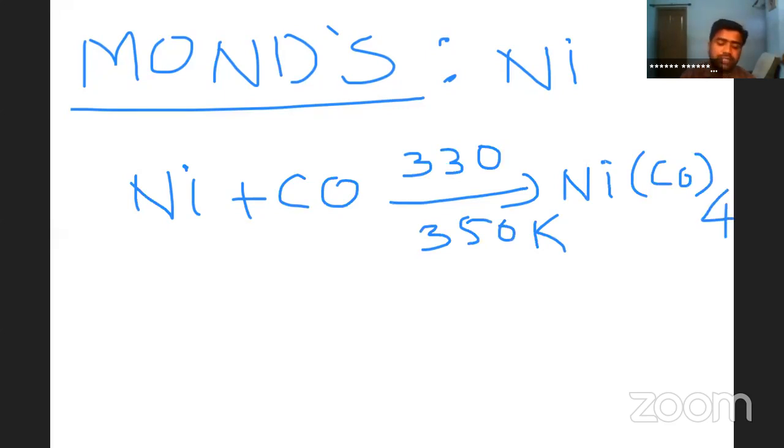This is what we call the nickel tetracarbonyl complex. Underline it in red color.